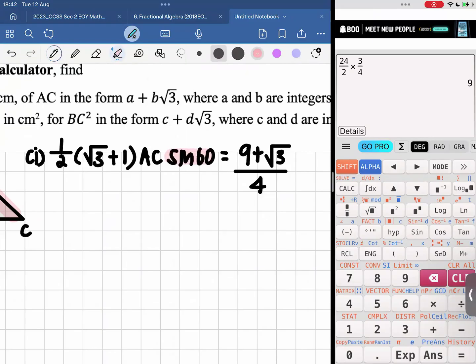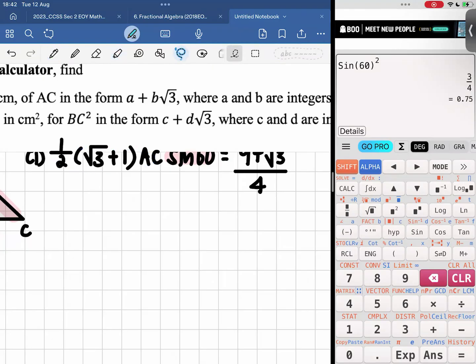So sine 60 is my special angle. If you had watched any Trigo videos, you will know that I will usually use my calculator to cheat. So sine 60, right, my calculator will show me this ugly thing. So this ugly thing, in order to write as surd, right, I will square it. So then I will know that, wait, square root 3 plus 1, I got less things to memorize.